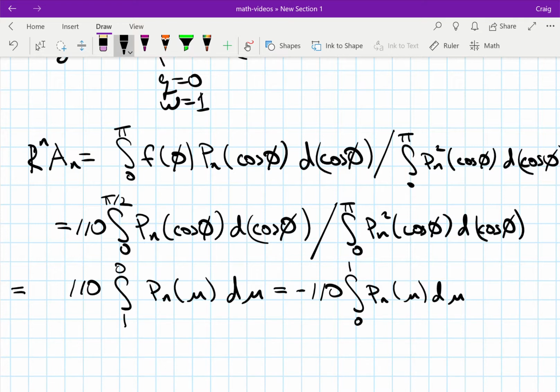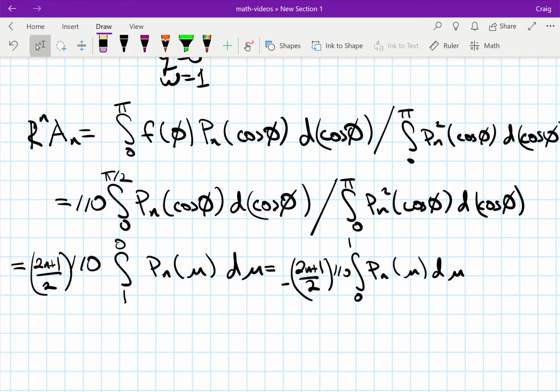So this is going to be equal to 2n plus 1 over 2 times 110, and here I need my factor of 2n plus 1 over 2 times 110 times my integral. I have a negative sign because I changed my limits there. Okay, so now we can look up the formula.